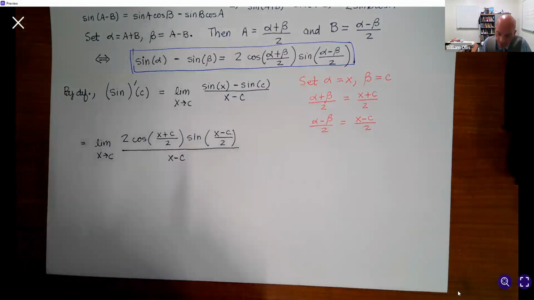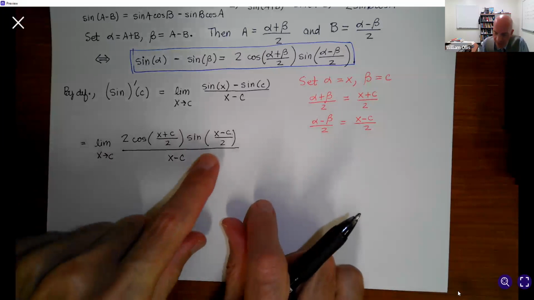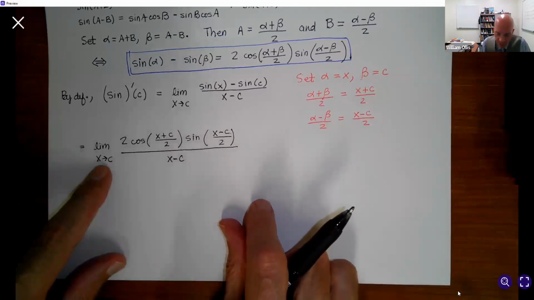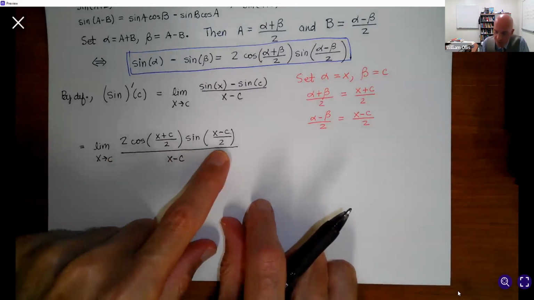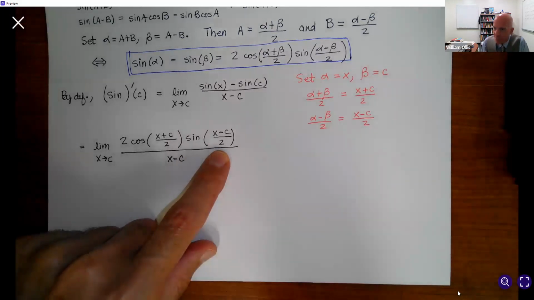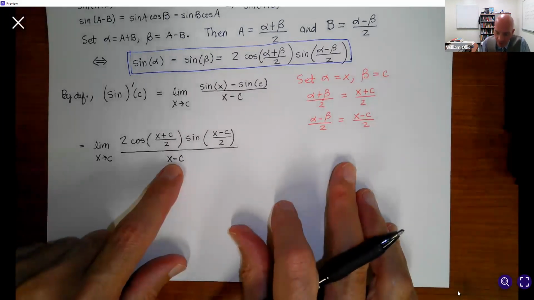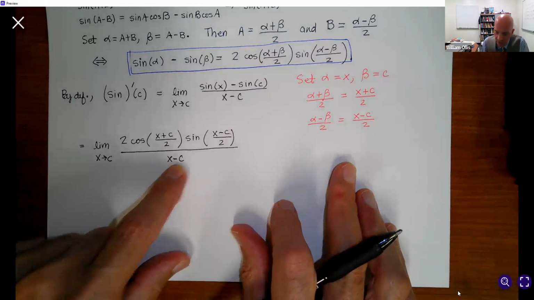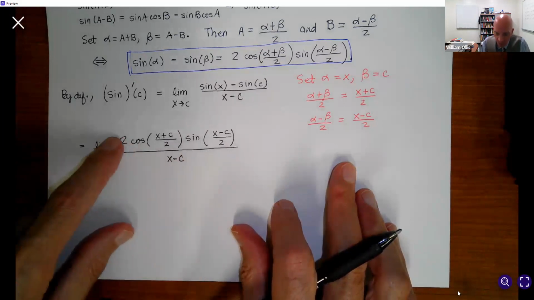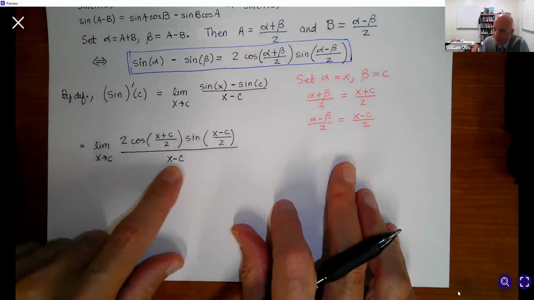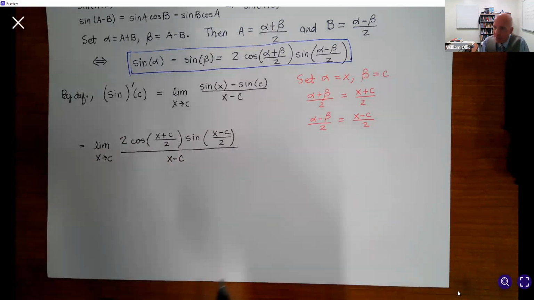One thing that's really important here is, notice x is approaching c, so the argument of sine is going to 0, and that's a special limit. But the x minus c here is not quite x minus c divided by 2, and we have a 2 here, so we can just bring it downstairs, since 2 equals 1 over 1 over 2.